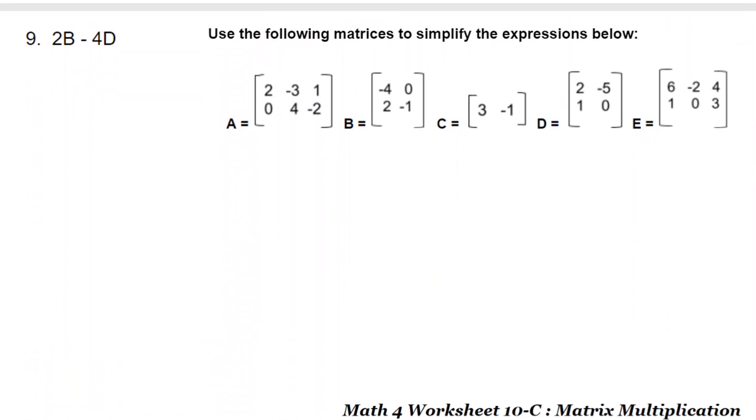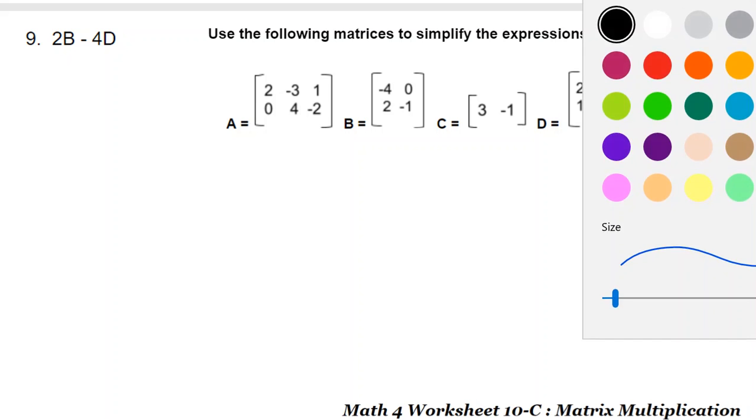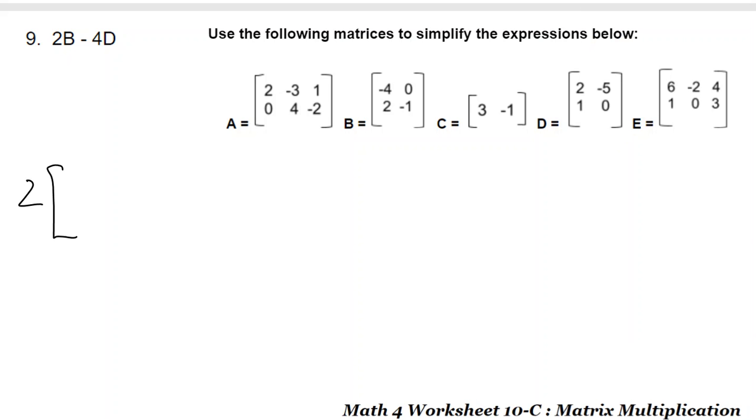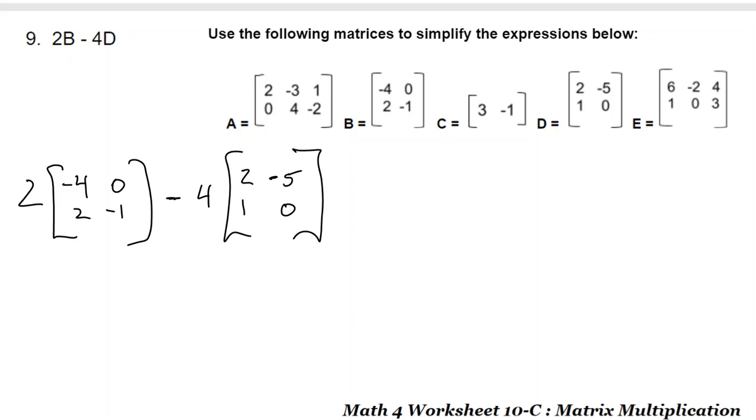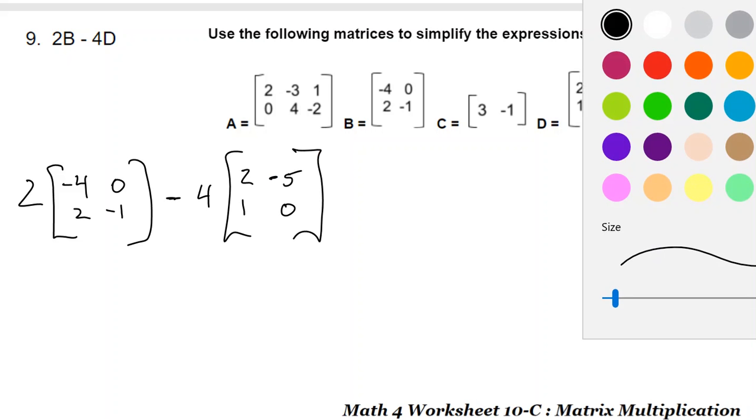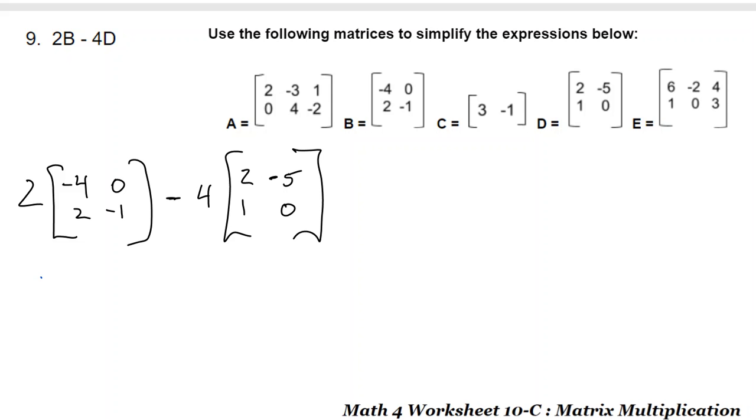And the last one, just to warm down a bit, we're going to say 2 times B minus 4 times D, and so we're going to distribute out those numbers, and we're going to get negative 8, 4, 0, and negative 2.